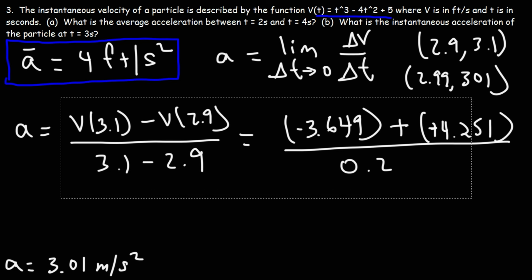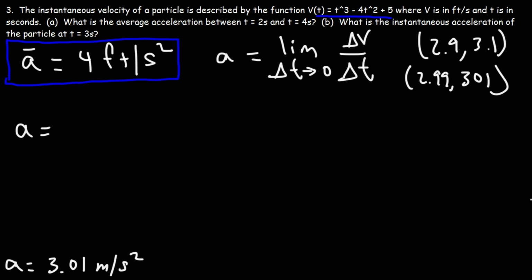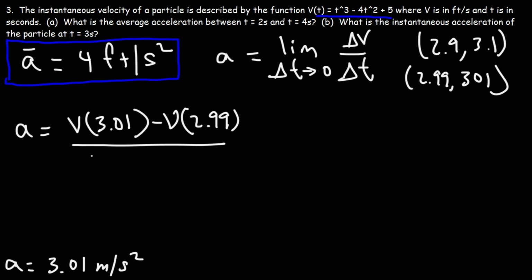Now let's see what's going to happen if we get even closer to 3. So let's plug in these numbers. So if we plug in 3.01, we are going to get negative 3.969499.